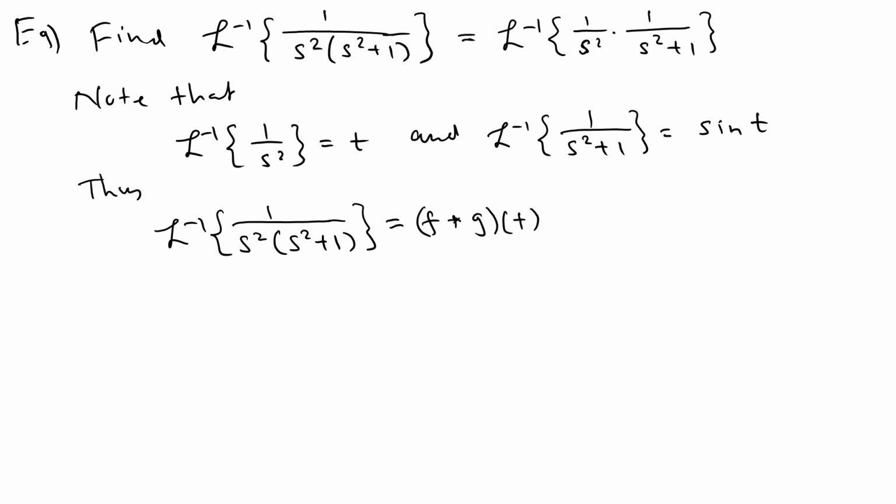We can use the definition of the convolution. We already know the functions t and sine t, so this is simply t star sine t. You can write the answer like that. That's the answer. But normally we simplify. Don't just leave it like that. But that's the answer in convolutions.